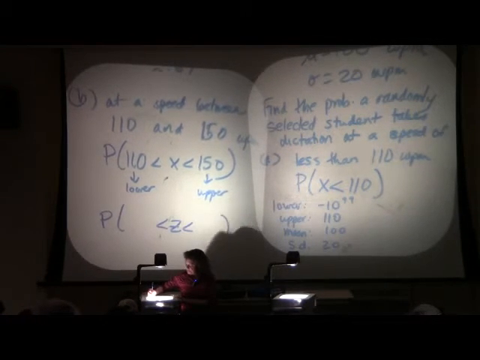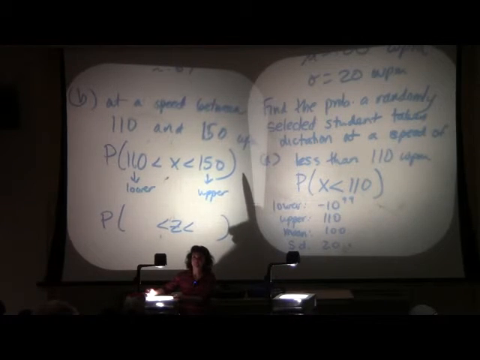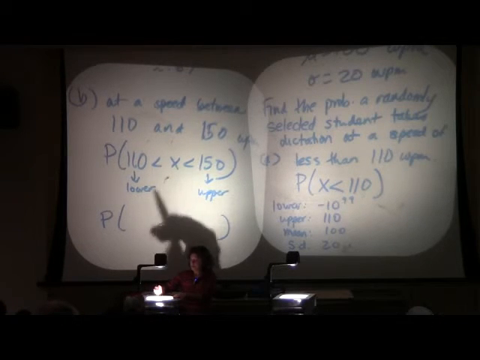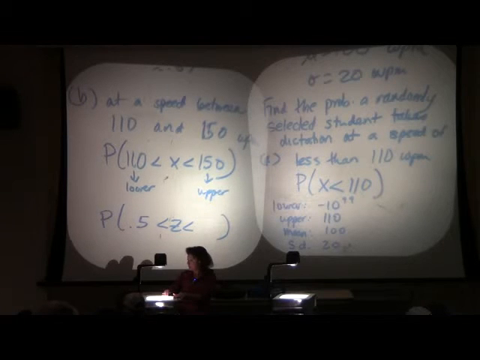For those of you in the same boat with me, guess what we have to do? Z-scores. But didn't we already find our z-score for one of these? Who do we have our z-score for? 110. We already found that to be 0.5. You with me there?